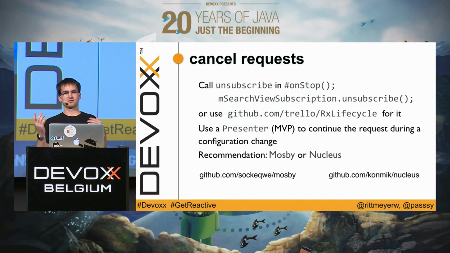If, for example, onPause is called, your lifecycle observable emits an item, and your view observables automatically stop emitting items and complete. I personally use this for views. When I have views and create observables, I always use the view detaching.